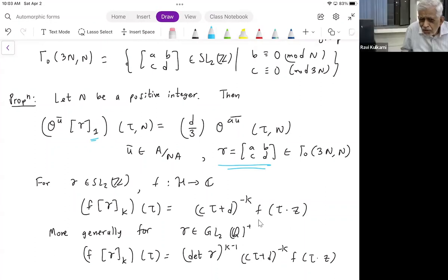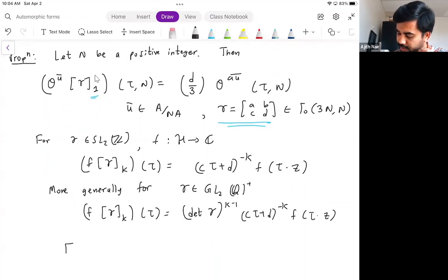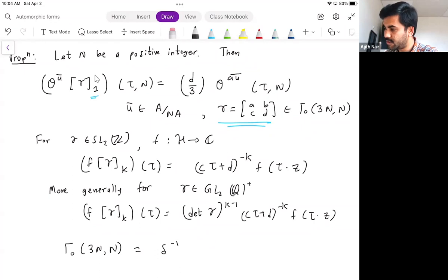What is the index? That I don't know actually. So I will show that you can conjugate this group by delta, so this is equal to delta inverse gamma naught 3n squared delta.